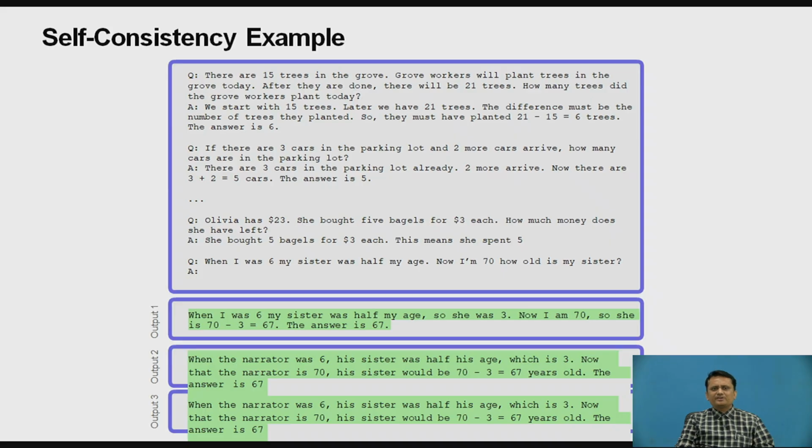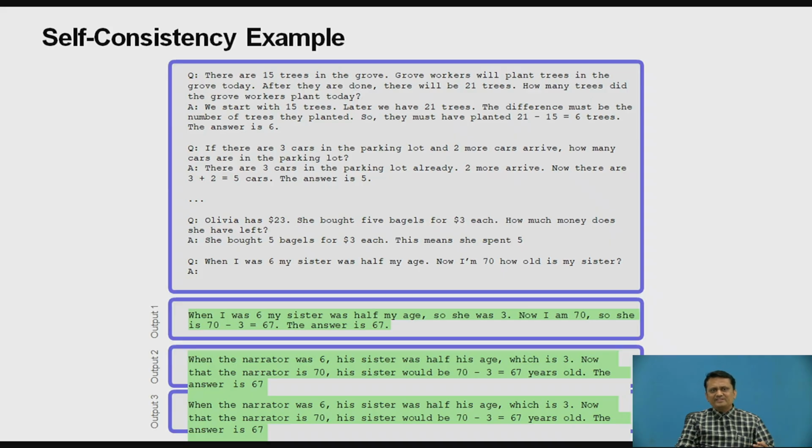Here one prompt is given where the context is made clear with a series of questions and answers, and then you give the procedure also, how you approach solving that particular problem.